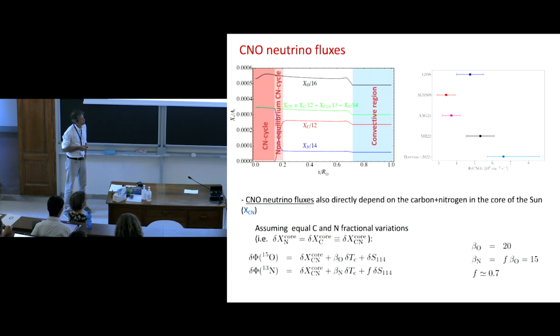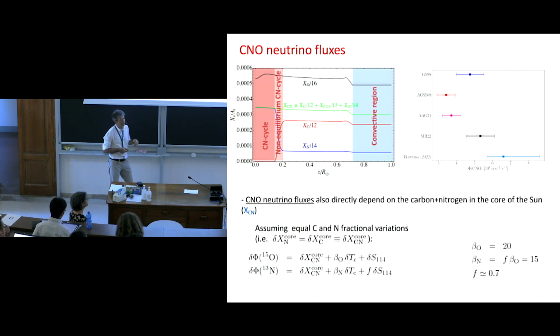And that's why they are so important in this respect. The point is that CNO neutrino fluxes, besides depending on the central temperature of the sun and on the cross-section of the bottleneck reaction of the CNO cycle, also have an additional dependence, which is specific to them, on the chemical composition.